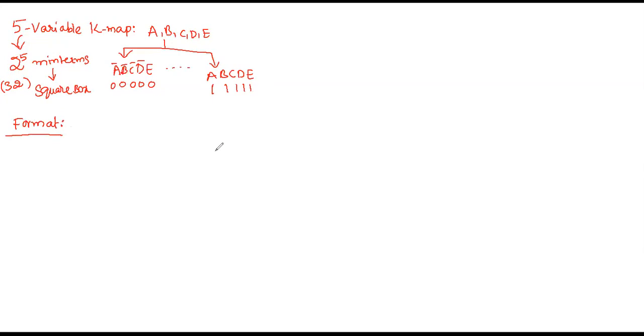Now take one diagonal line and divide the variables into two parts, taking ABC on one side and DE on the other side. You can also write in different formats, A, B, C, D, E. You can also consider A, B, C, D as one part and E as one part.